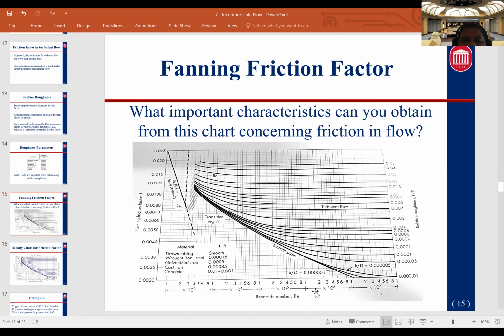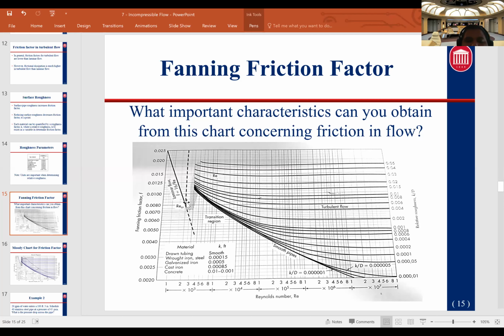One thing you'll notice is for laminar flow, we see that dependence that we identified earlier, where our friction factors are high, and it can be calculated simply as 16 over the Reynolds number.